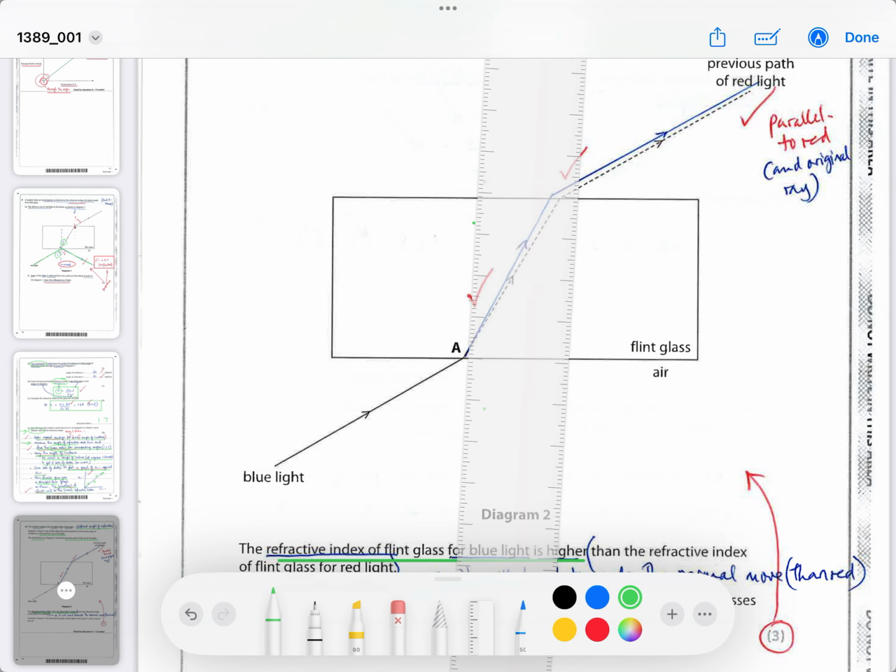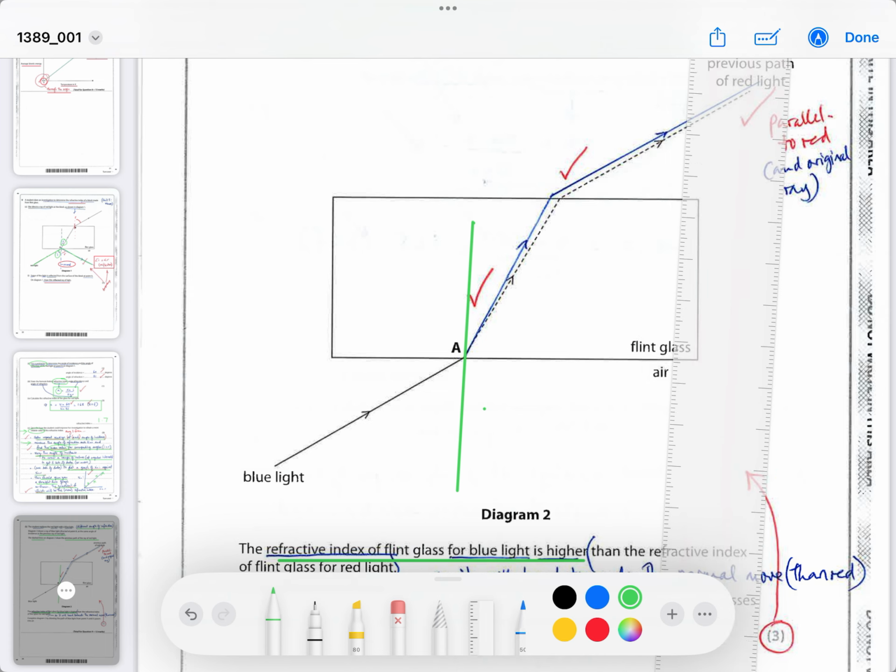And then you draw the ruler, there you go, I managed to do it with this digital ruler. So that will be the normal. Move the ruler out of the way.